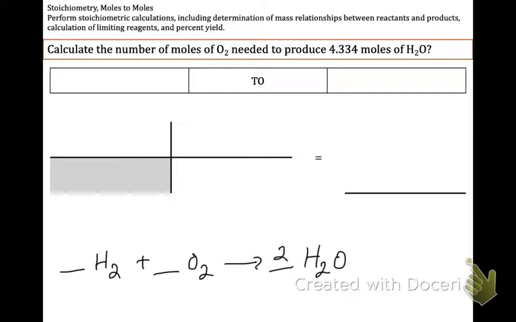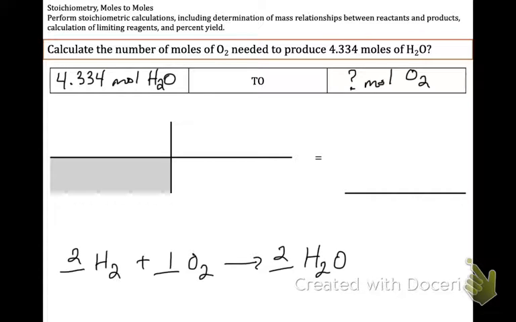Let's put a 2 here. So 2, 1, 2. So there's my balanced equation. I'm giving you 4.334 moles of H2O. I'm asking you to find the number of moles of oxygen.